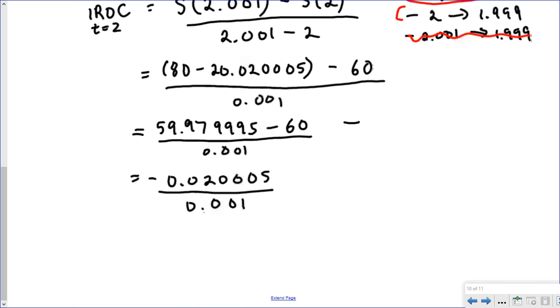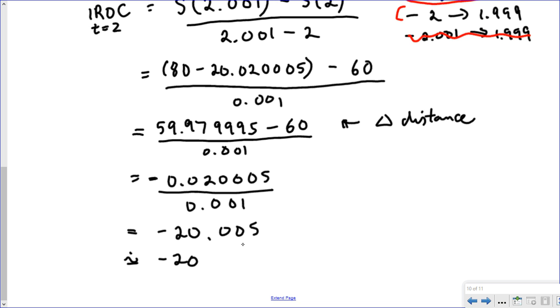And this was delta y, or the change in distance. The negative represents that it's dropping, and that makes sense here. Not only is it dropping in distance, the instantaneous rate of change is going to be a negative value, and I get negative 20.005, and here's where I round off. Round off at my final answer, I get negative 20 meters per second.